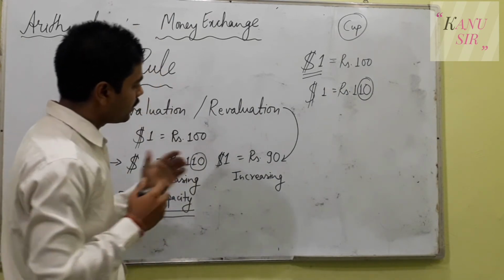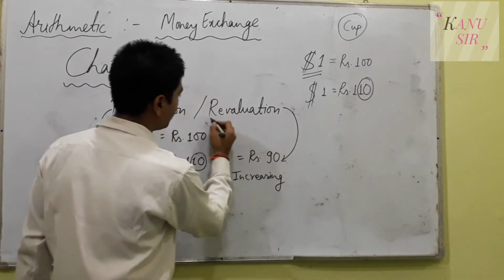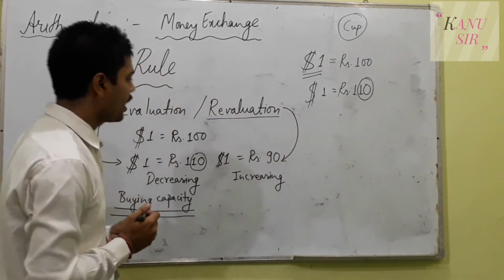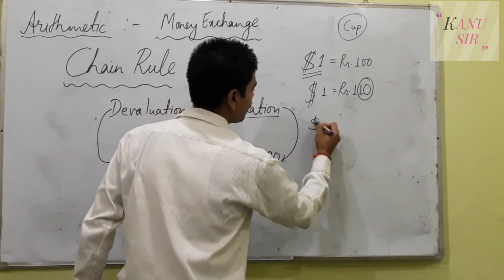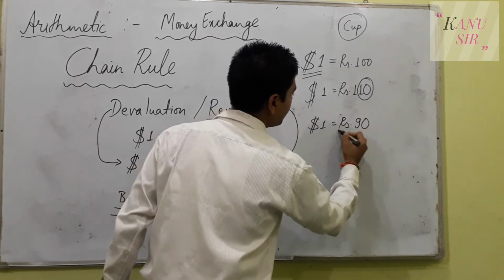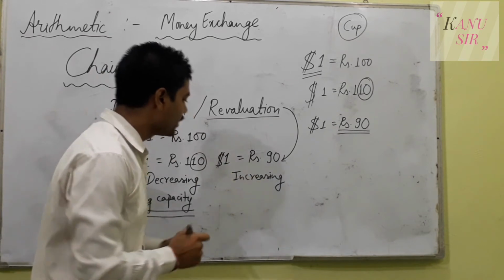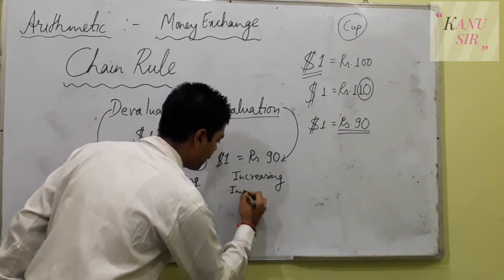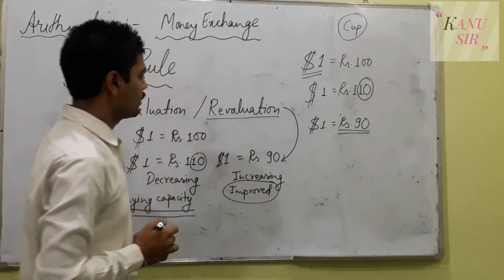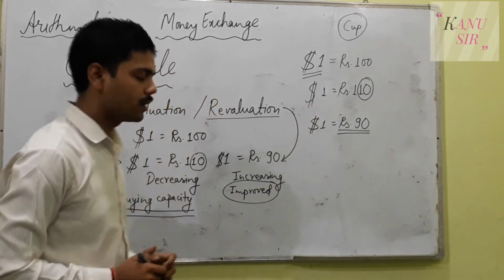Similarly, on the third day or the second day, because of revaluation, the buying capacity of Nepalese currency has increased, and now for $1 the tourist has to give just 90 rupees. It means the buying capacity of Nepalese currency has improved, and hence the Nepalese currency has become stronger than before.